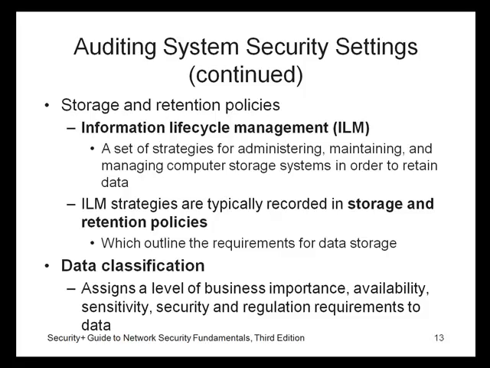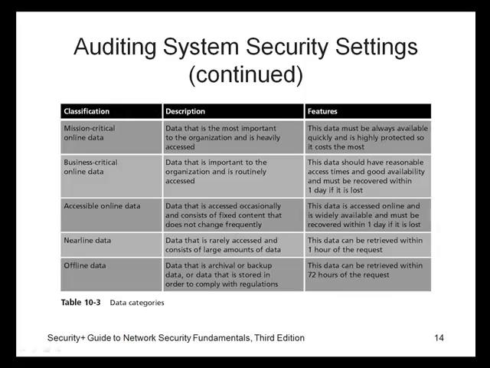Data classification: how sensitive is the information? If we're at Apple and we're working on a super secret new iPad, it's probably going to be highly sensitive. How sensitive is the information? Who can have that information? How do you isolate these things? These are just classifications, again, a table that's in the book.